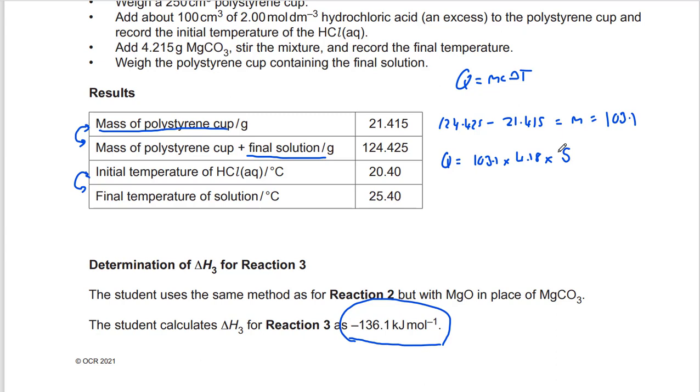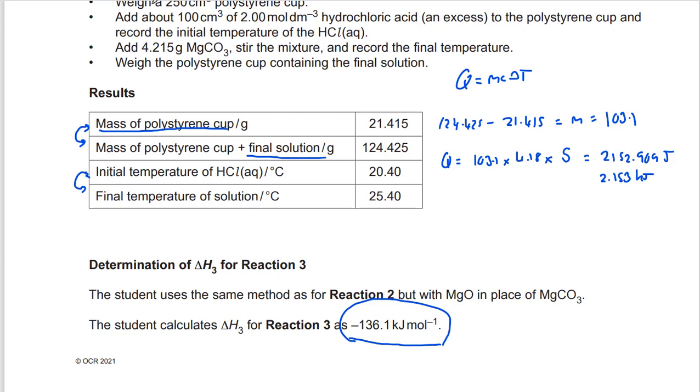I can do that in my head. And that gives us roughly 2,152.909 joules, and therefore it is 2.153 kilojoules. I'll just round it.